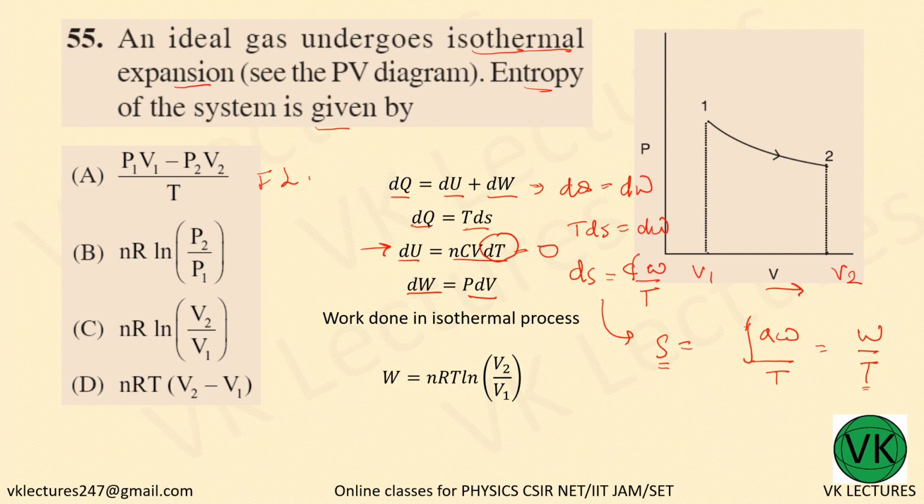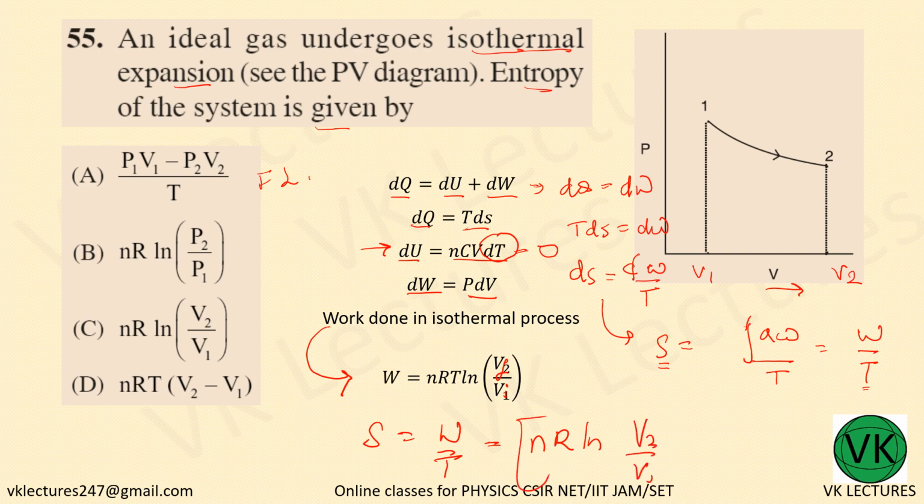Now work done in isothermal process is given by work done equal to nRT log V2 by V1, or V final divided by V initial. Okay, so what is entropy? Entropy is nothing but work done by temperature, that is nR log V2 divided by V1.